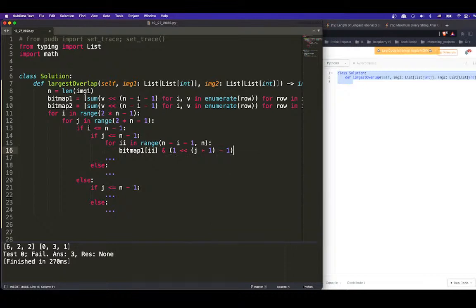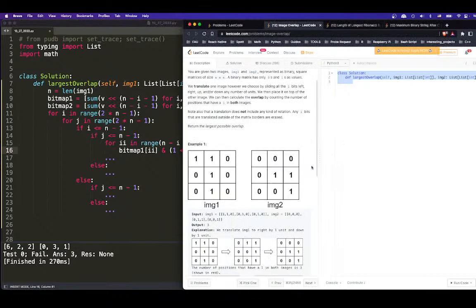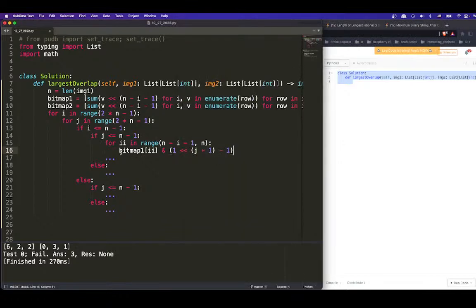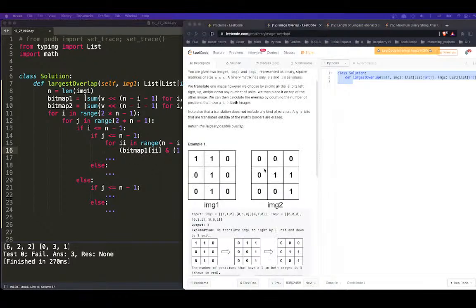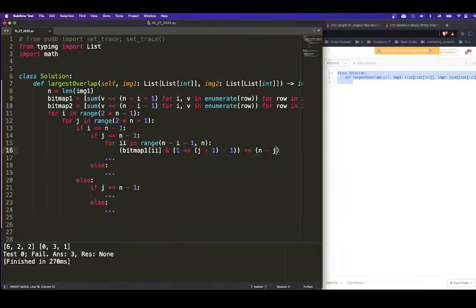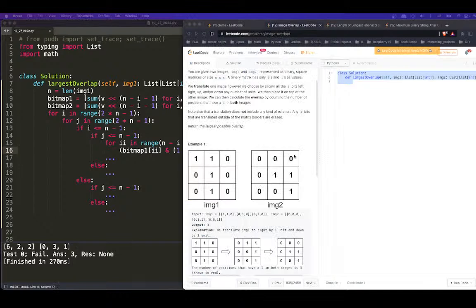So this is the one that's overlapped. But then this whole thing we have to left shift because we have to get this. So left shift how much? n minus j minus 1, right? Or just n minus j.